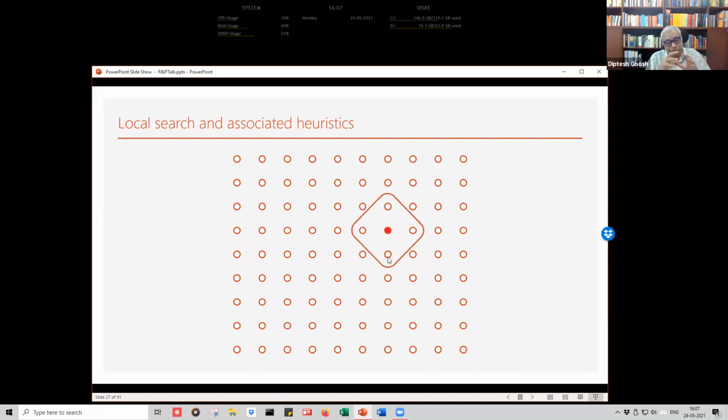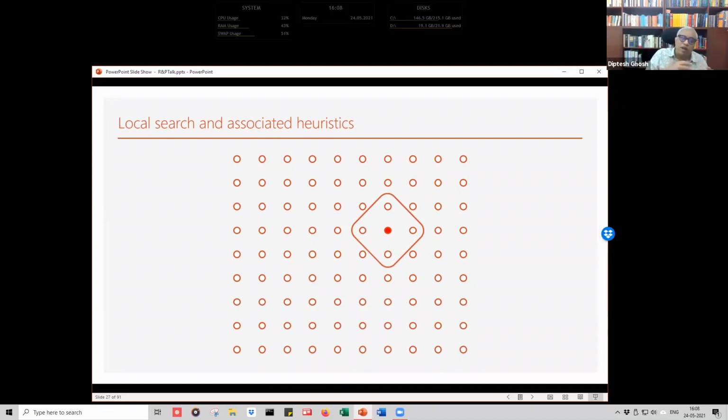So you see, what I'm doing is that for every solution that I have, I'm searching the neighborhood of that solution, finding a solution which is better than my current solution, moving there, searching that solution's neighborhood, finding out which is the best solution in the neighborhood, moving to that solution, and so on.